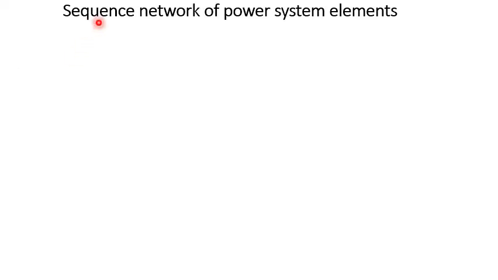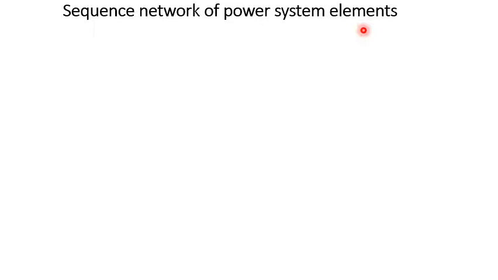Let us understand the sequence networks for power system elements. Till now we discussed that three-phase unbalanced phasors can be resolved into three balanced systems of phasors known as symmetrical components. We have also proved that in a symmetrical system the current of one sequence produces a voltage drop of the same sequence only.